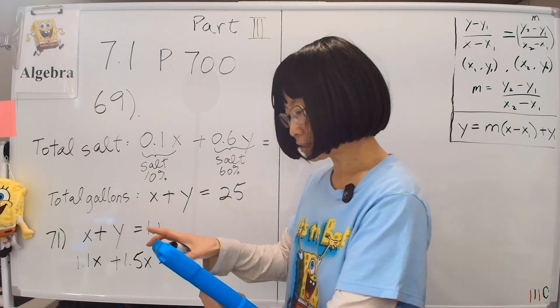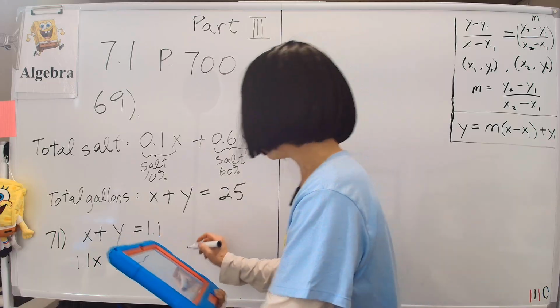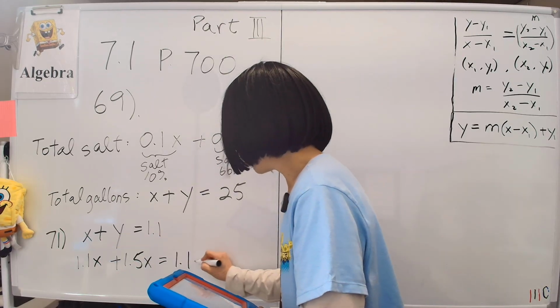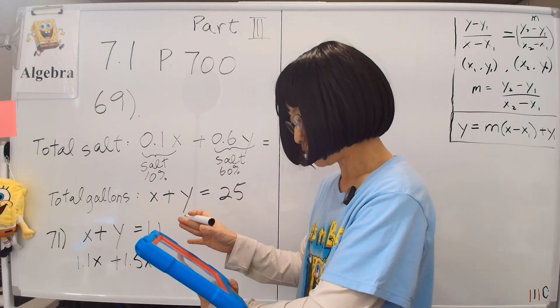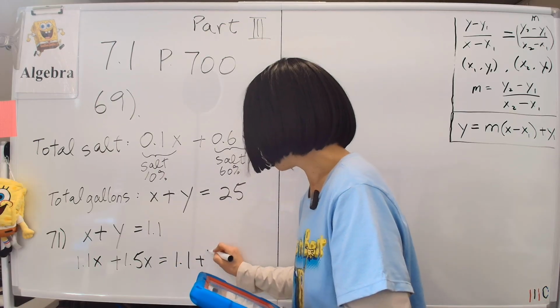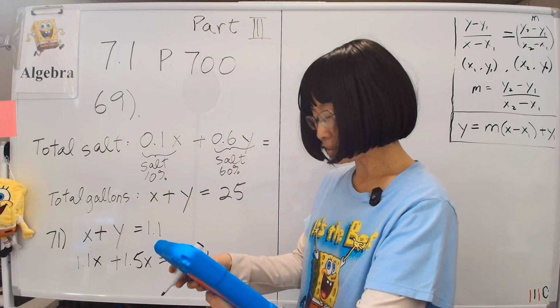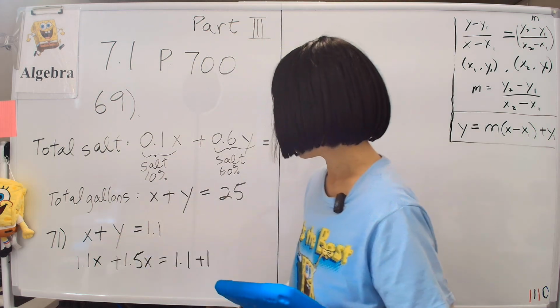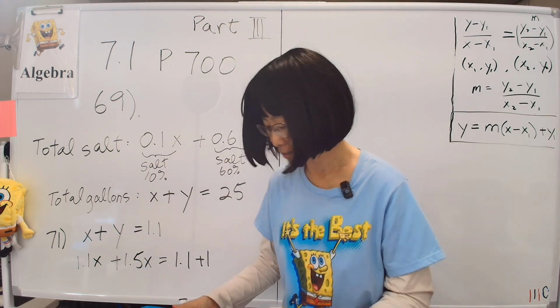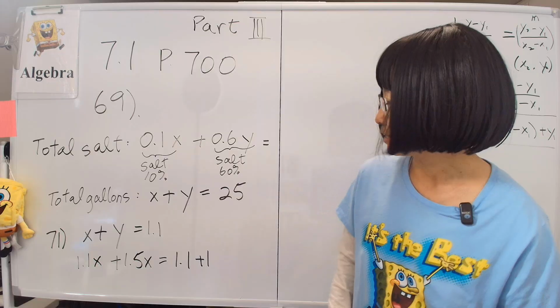So she started investing 1.1 and then made $1 million in profits. So that should be the equation. The question is, what is x and what is y? Let's see how that comes out.